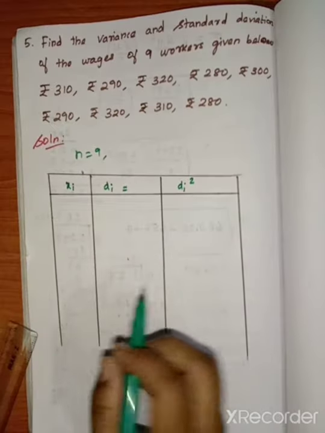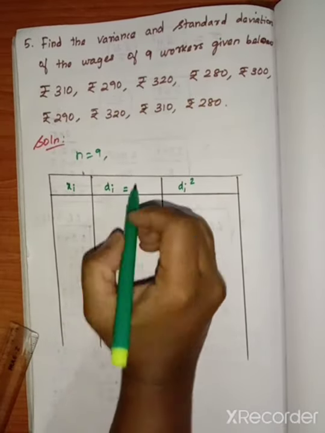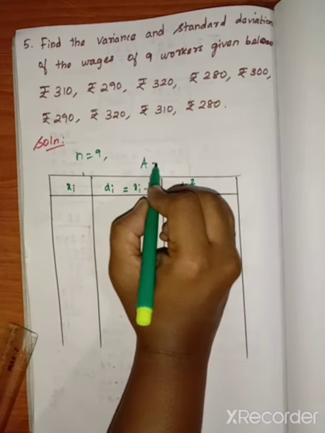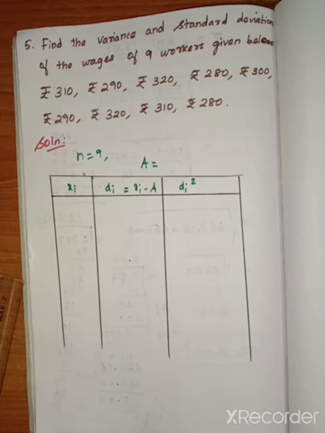For the assumed mean method, di is xi minus a. Here we want to find a, that is the assumed mean. As I have already told, we can take the middle value or the first value, whichever you choose, from the xi column.